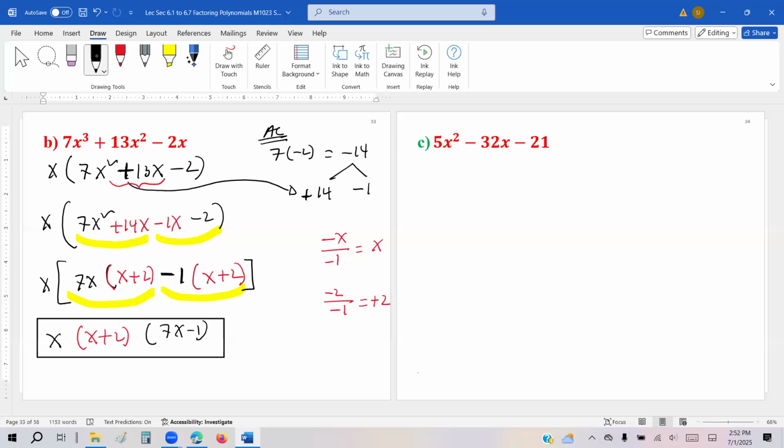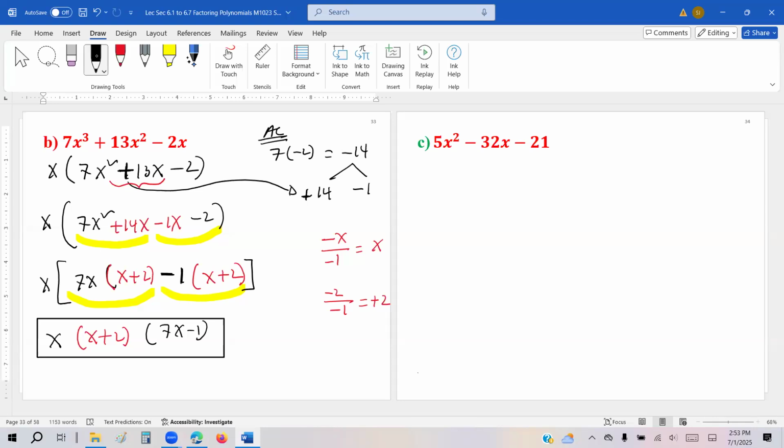And now you're not pulling out the negative, you're pulling out x plus 2. Let's take a question. Which groups are you dividing?